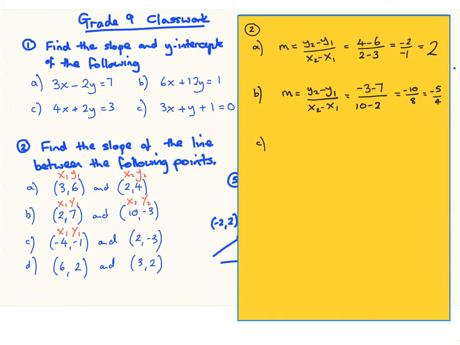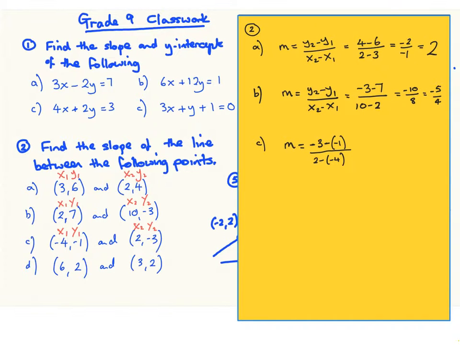x1, y1, x2, y2. So we get slope equals y2 minus y1, negative 3 minus negative 1 all over x2 minus x1, 2 minus negative 4.